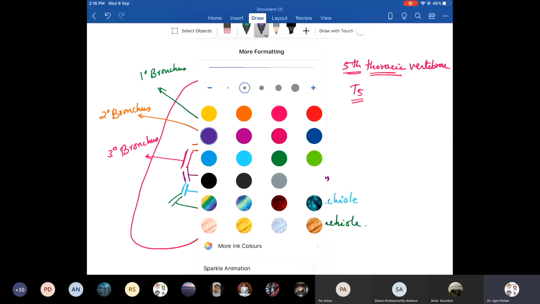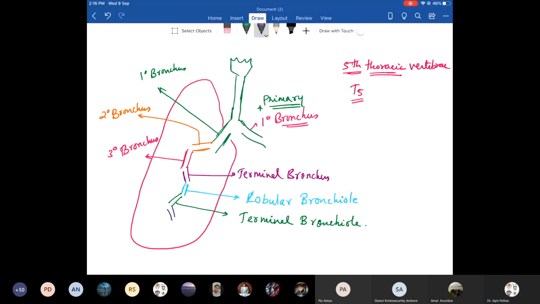A respiratory bronchiole. Respiratory bronchiole will further divide into alveolar duct. Alveolar duct will further end lastly with alveolar sac, that is alveoli.